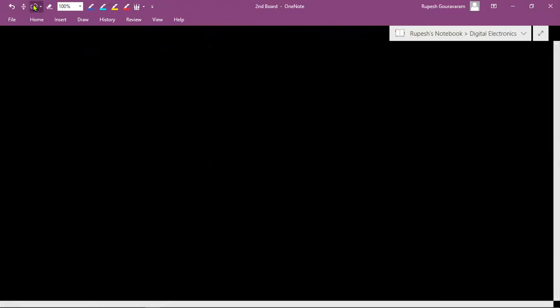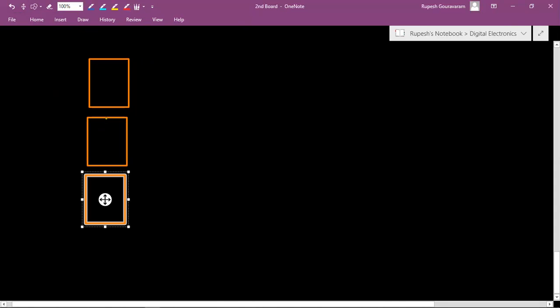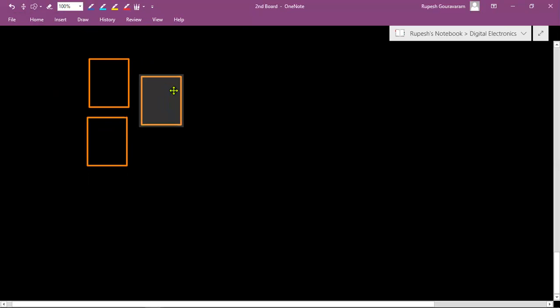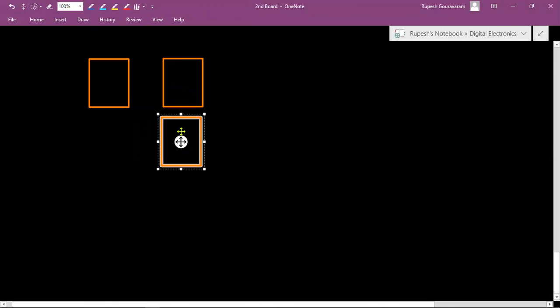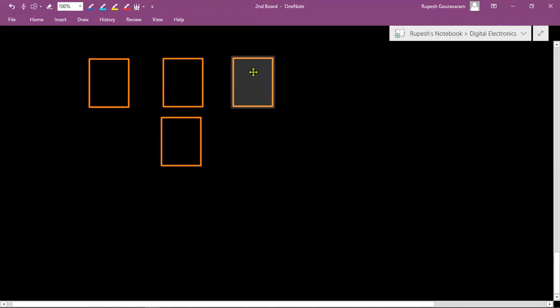Next question goes like this. They have given us three flip-flops and these three flip-flops have inputs as T2, then D1, then T0.